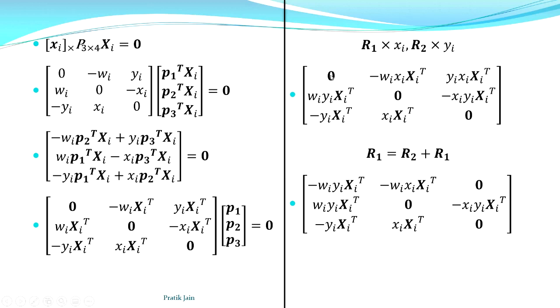And if I add these two, row 1 plus row 2, you will see that this addition is a scaled version of the third row. So this proves that the third row is linearly dependent on these two rows. So we can simply ignore the third row. I hope this is clear.